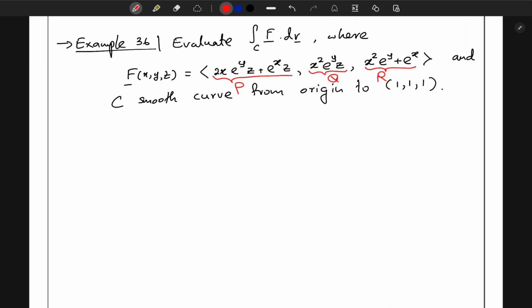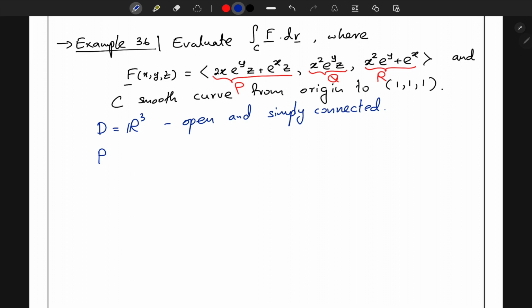So the domain is R cubed and it is open and simply connected. So no issue there. Let me write it. D is R cubed, open and simply connected. Good. Then let's check the cross partial property.